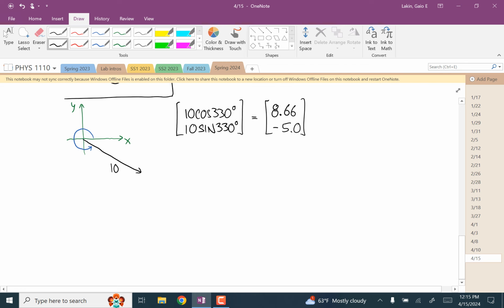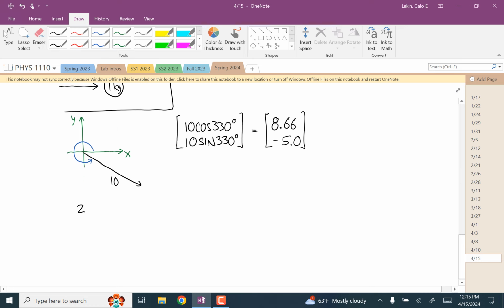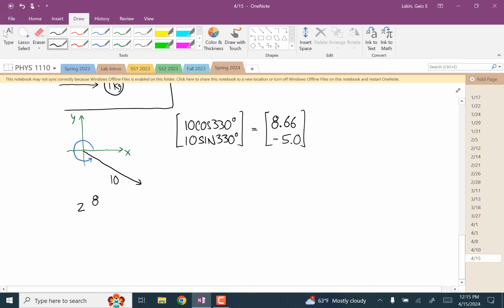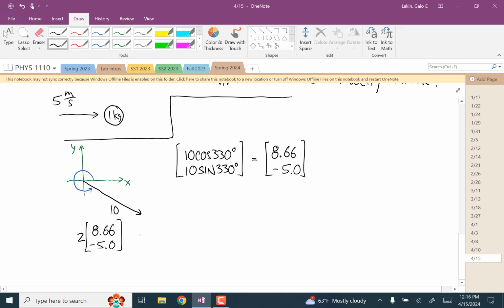So now conservation of linear momentum says 2, the mass of the top one, times its velocity before the collision, plus the mass of the second one times its velocity vector, is equal to the sum of the masses times the velocity after the collision.